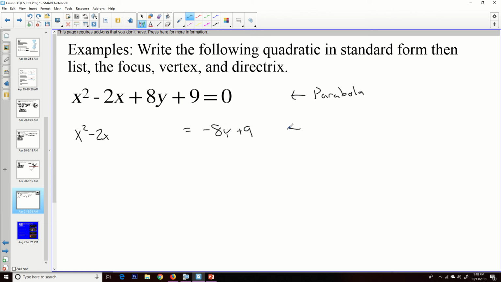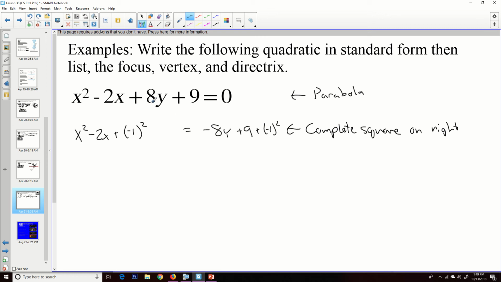Okay. And so I need to complete the square. I'm going to add half of negative 2. Half of negative 2 is -1, squared. And so we're going to add (-1)² to both sides there. And I think I have a mistake.